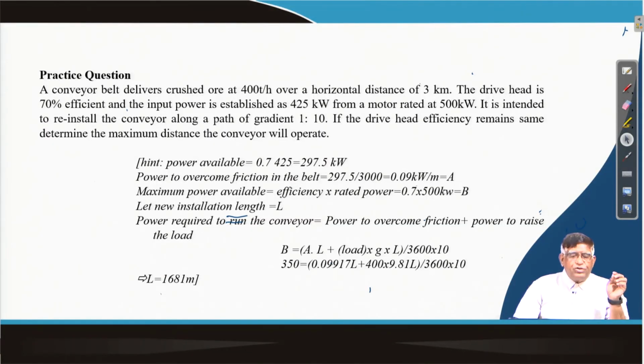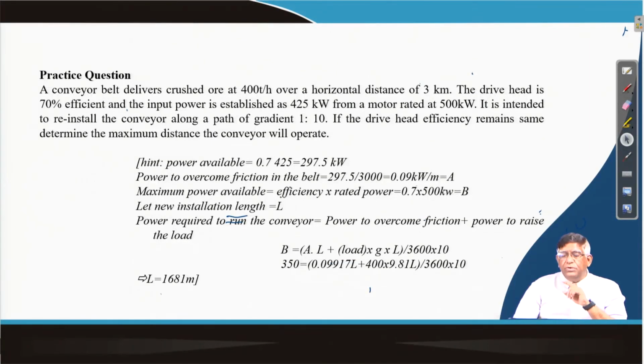A conveyor belt delivers crushed ore at 400 ton per hour over a horizontal distance of 3 km. The drive head is 70% efficient, and the input power is established as 425 kilowatt from a motor rated 500 kilowatt.